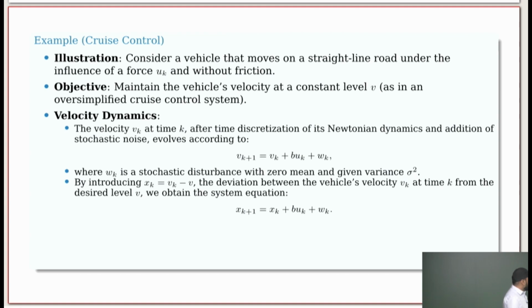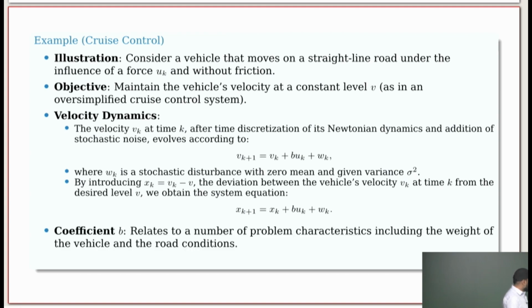This is the state that we want to maintain, so xk is the deviation of the vehicle's velocity vk at time k from the desired level v. If we substitute xk equals vk minus v throughout, then we subtract v on the above equations: vk plus 1 minus v is xk plus 1, and on the right hand side vk minus v is xk, and the remaining terms are the same.